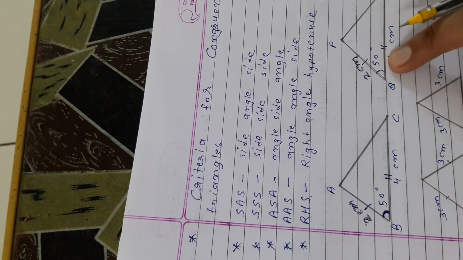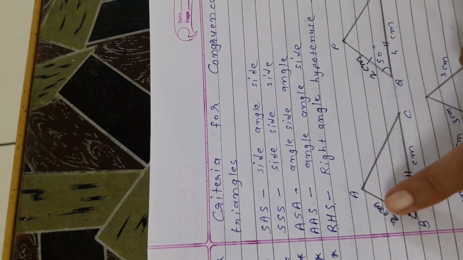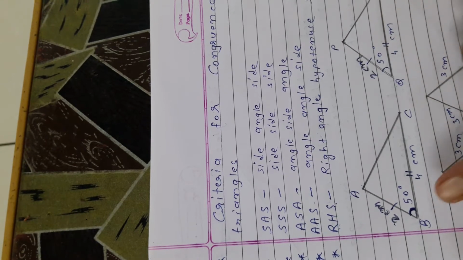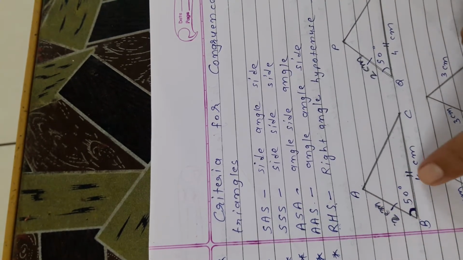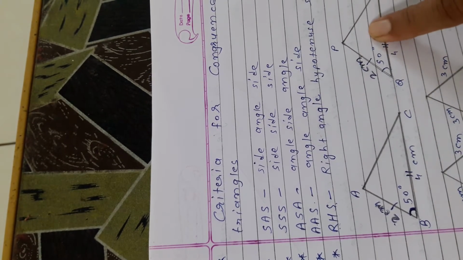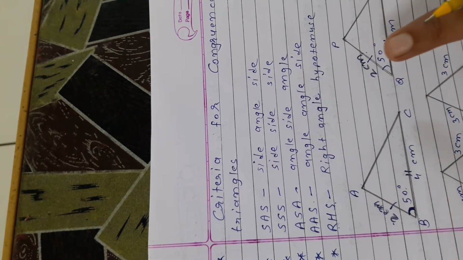Angle Q is included angle of PQ and QR. So in two triangles, two pair of corresponding sides are same, and included angle of both the sides are also same. So we can say that both the triangles are congruent.